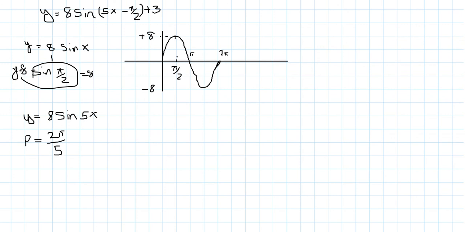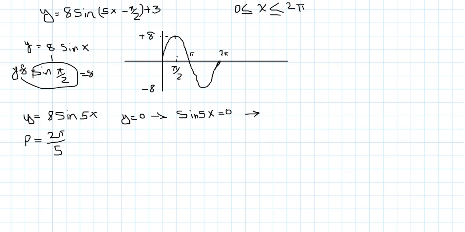Okay, to understand where it has intersection with the axis, I should put y equals 0. Then I have sine 5x equals 0. 8 cannot be equal to 0, so sine 5x is equal to 0. Suppose that we want to draw it between 0 and 2 pi. Okay, where is sine 0?